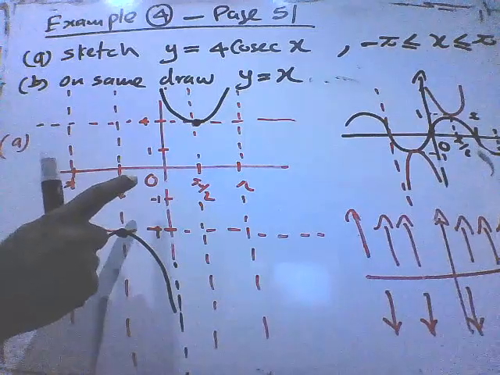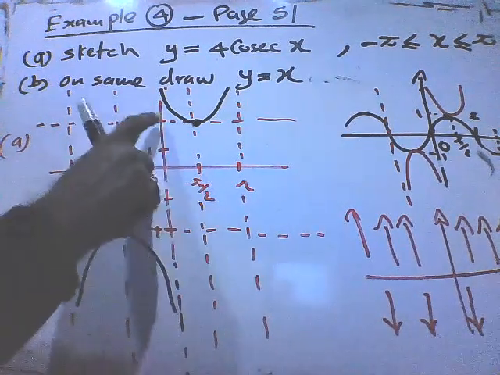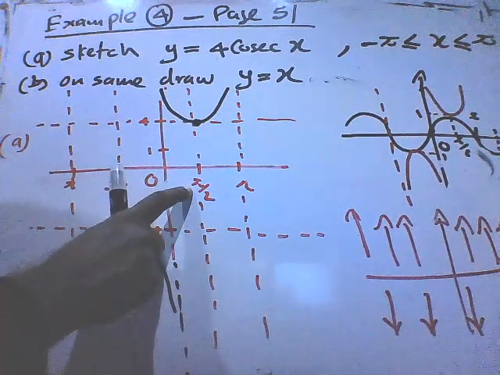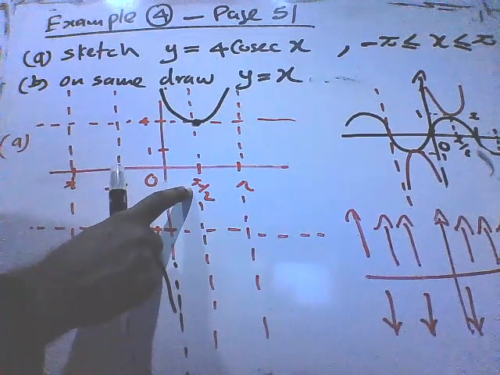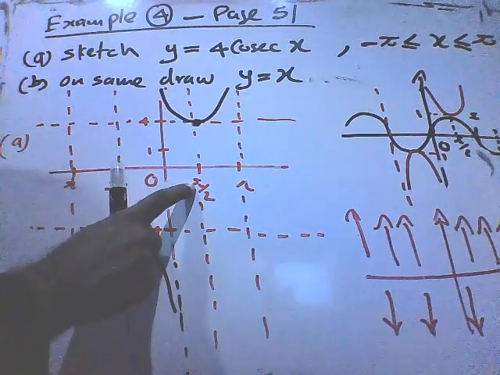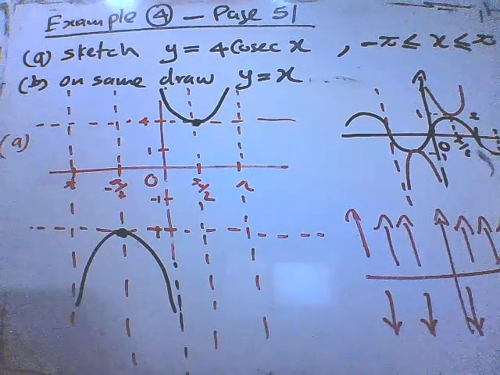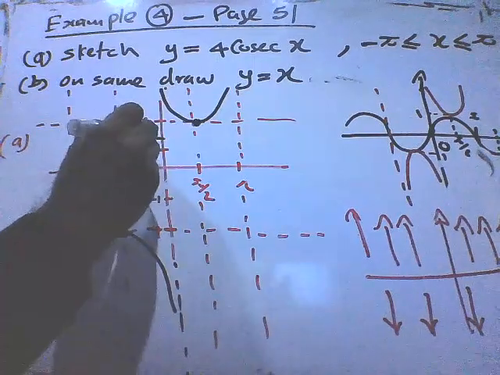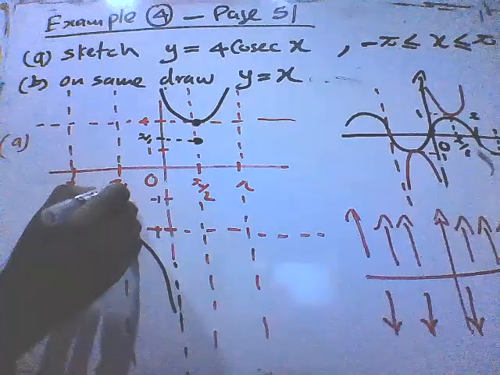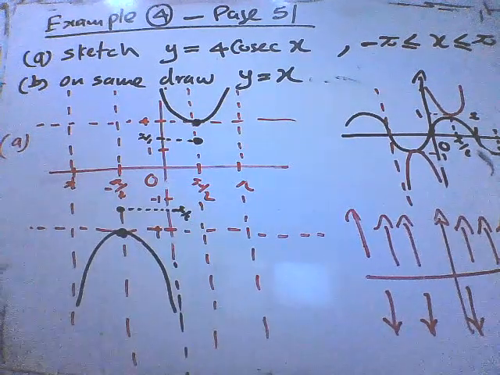Now they are asking us to draw the same y equals x. So roughly, now this is 4. If you take pi over 2, pi is 3.14, so if you divide it by 2, roughly 1 point something. So we can mark pi over 2 here, and minus pi over 2 roughly here, in black color.